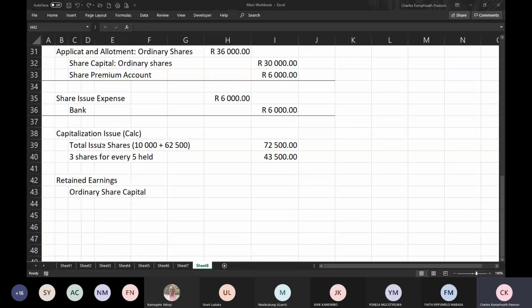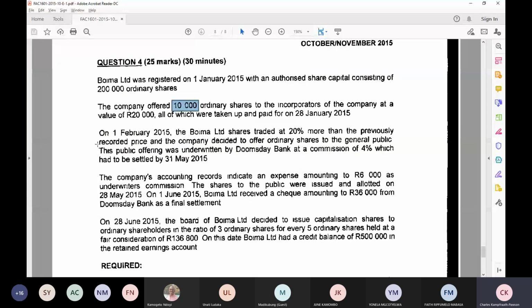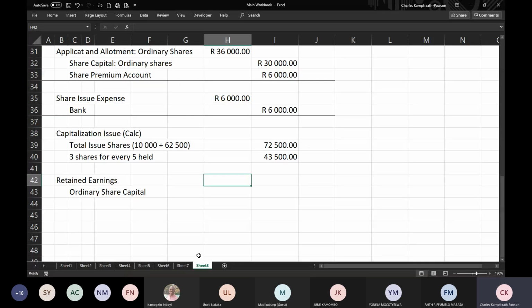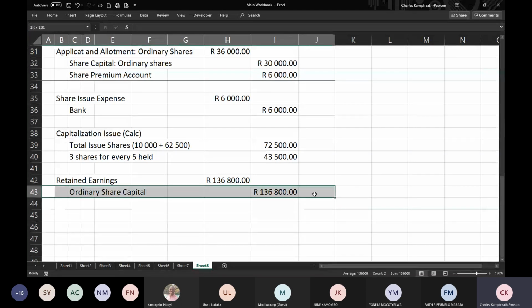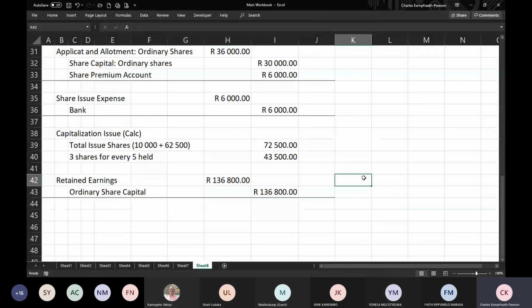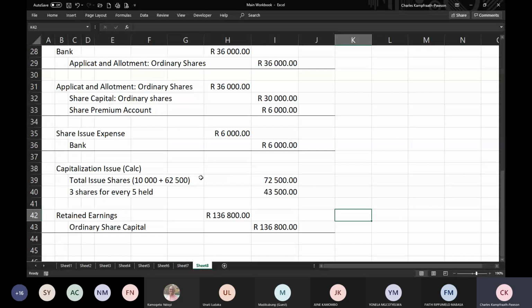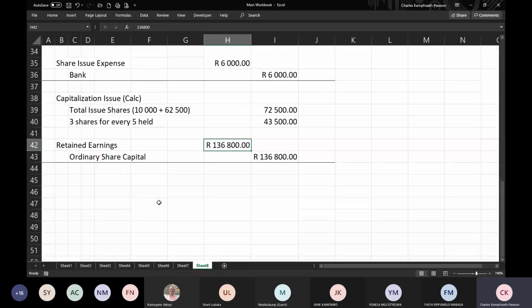And we will transfer that fair value that they speak of in the question, the 136,800. Everybody happy? Okay.